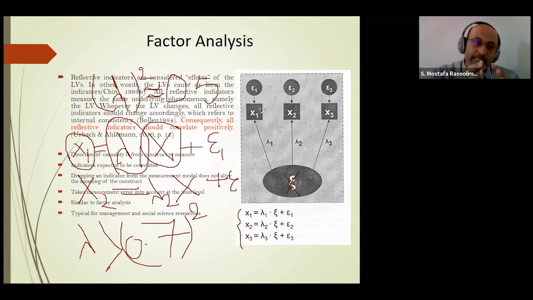So based on this, we run factor analysis and we calculate this loading. And based on this loading, we can identify what item has the highest shared variance, common variance, with the factor.